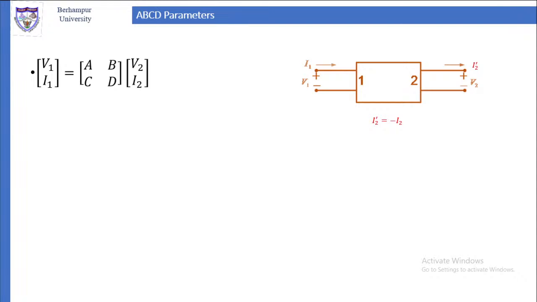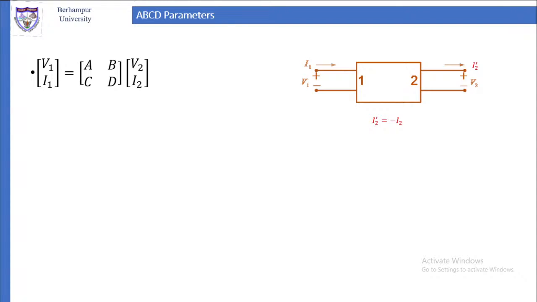Into the port 1 we are getting a current I1. Similarly, across the port 2 voltage is V2. Into the port 2 the current is I2. It is entering, so entering is minus I2. So output from the port 2 will be I2 dash. So I2 dash is equal to minus I2.